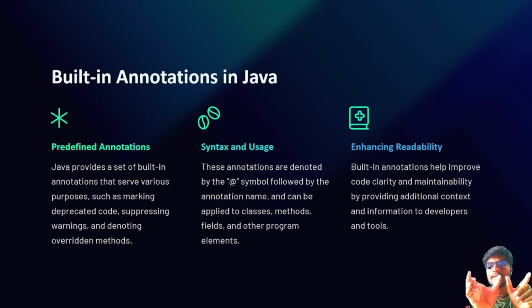After that we have to write the annotation name, and it can be applied to classes, methods, fields and other program elements, enhancing readability. Inbuilt annotations help improve code clarity and maintainability by providing additional context and information to development tools.